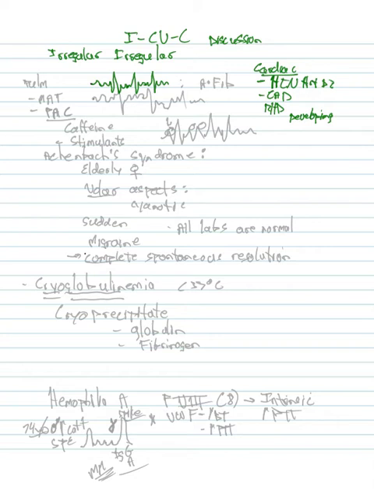So with this type of history, we said that the most likely issue here was atrial fibrillation. And we said that if there was atrial fibrillation, then this would predispose your patient to develop thrombi in the left atrium and therefore result in embolization.